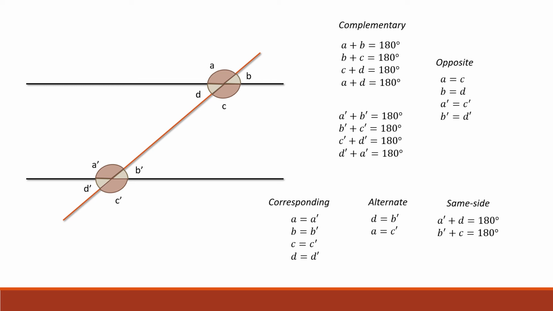In this way, you can see all properties are interlocked. Let's say I'm starting with an alternate angle, D is equal to B prime. If I combine that with C plus D adding up to 180 degrees, that naturally gives me B prime plus C is equal to 180 by simple substitution.